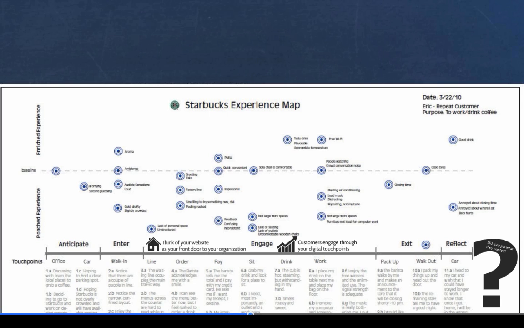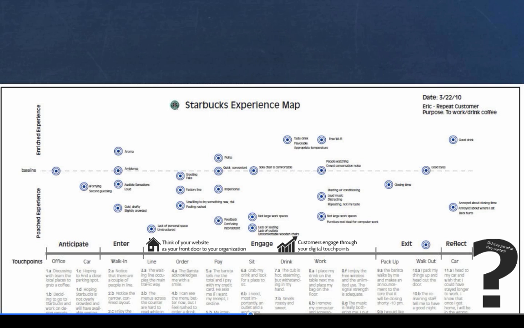All those things below the line are places where they have an opportunity to improve, but there are things that they really need to pay attention to because maybe they're not paying attention to is it warm or cold enough in there? They're just thinking about, okay, well, the baristas behind the counter are comfortable, so they assume that the customers are comfortable. And there's somewhat of a disconnect there.